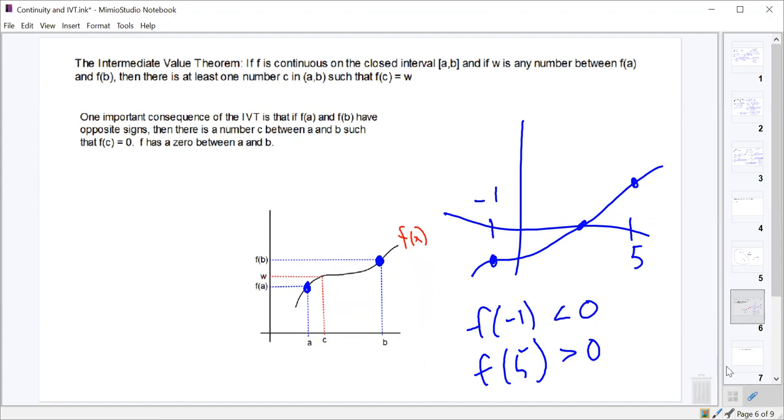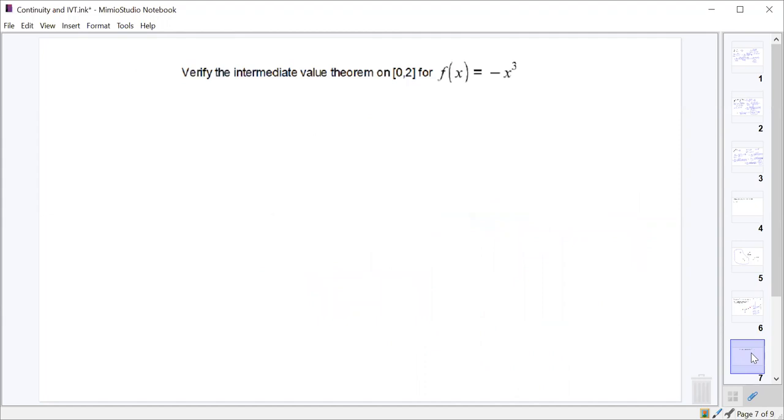All right. Let's see if we can take a simple function and verify the intermediate value theorem. Are we ready to do that? Let's see. What do you think the first thing we'll need to do is?